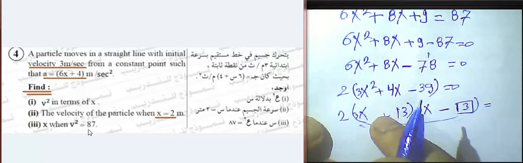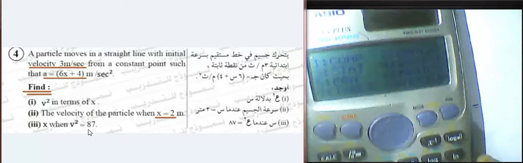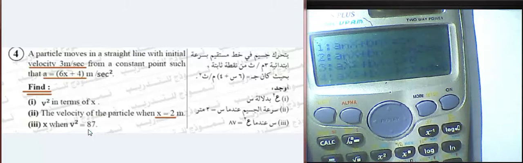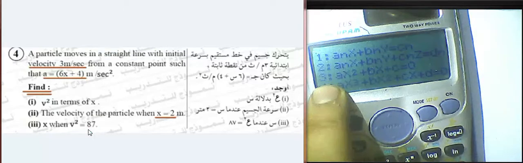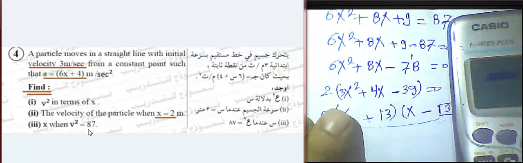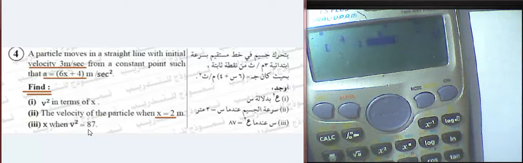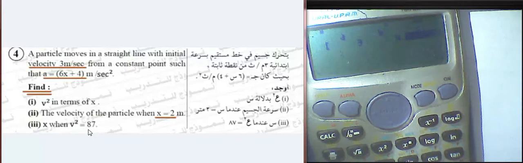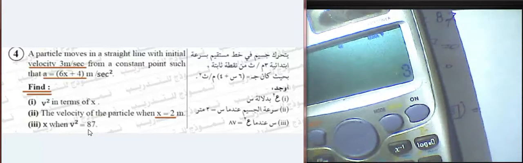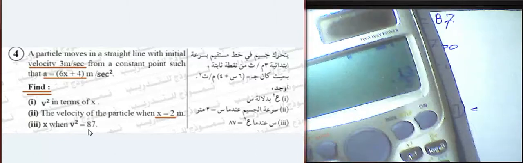Or you can use a calculator by this program. Write here mode and write equation, and letter 3, and write in the calculator 3 for 3, 4 for 4, negative 39. Equal, and this calculator can solve it. The result will be 3 and negative 13 over 3.